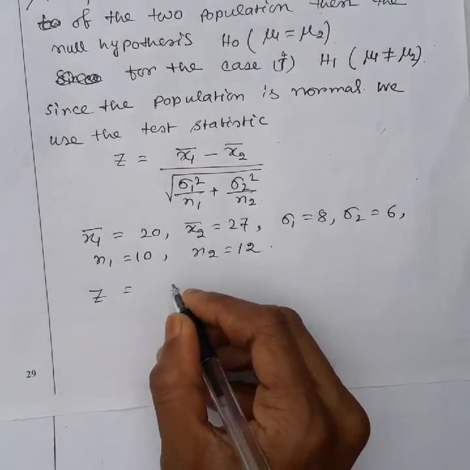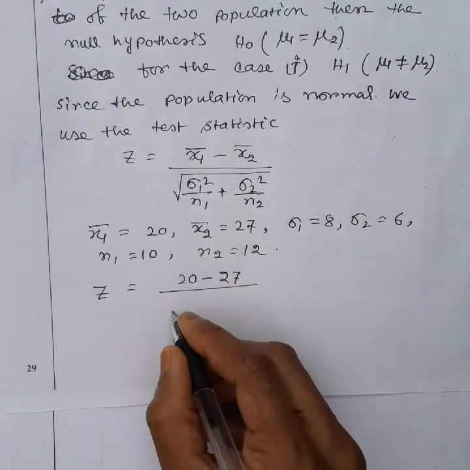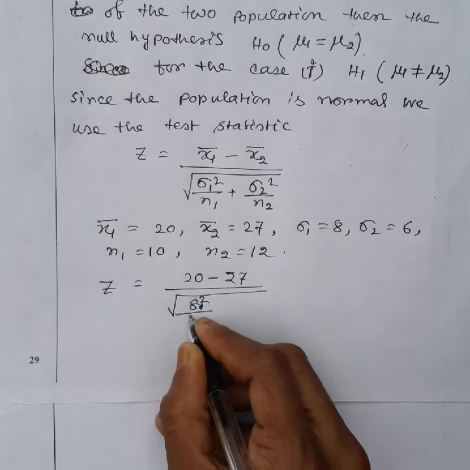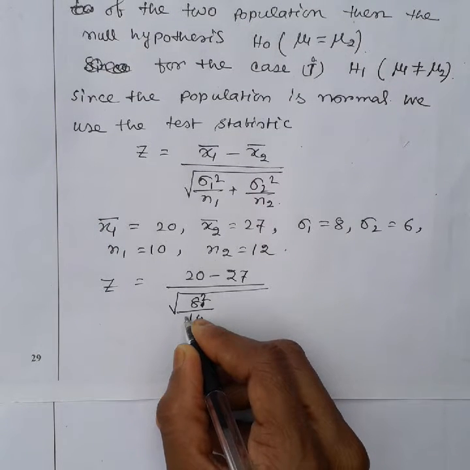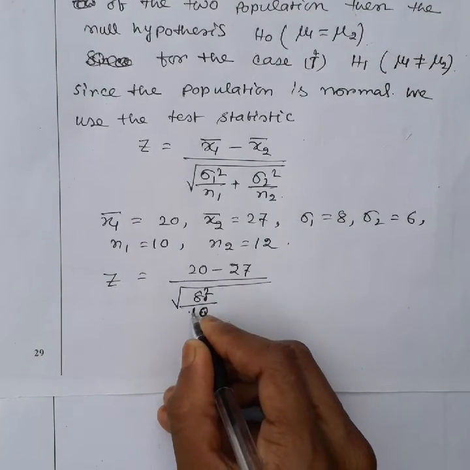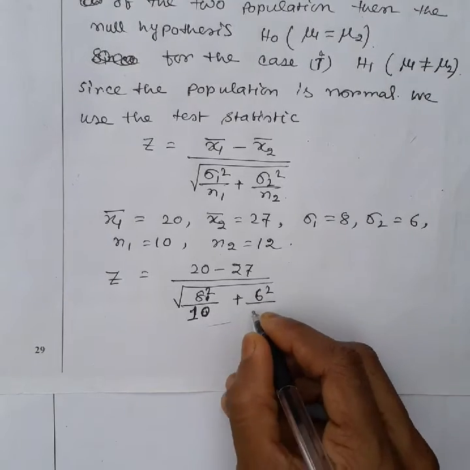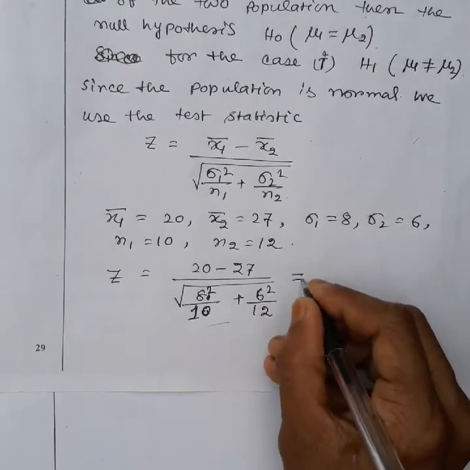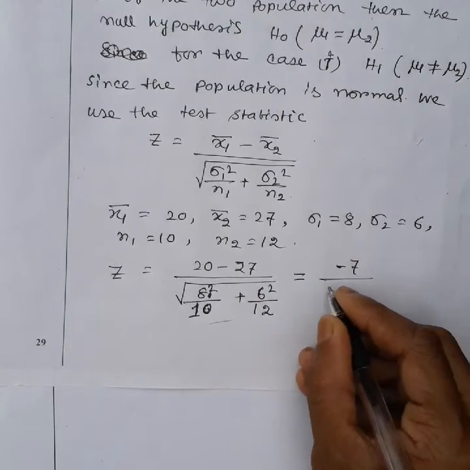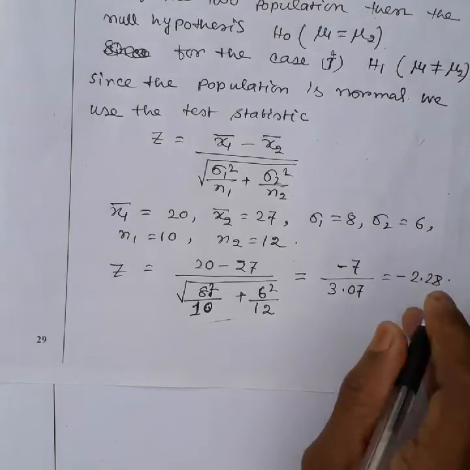So the value of z is 20 minus 27 by root over of 8 square by n1, that is 10, plus 6 square by 12, which equals minus 7 by 3.07, that is equal to minus 2.28.